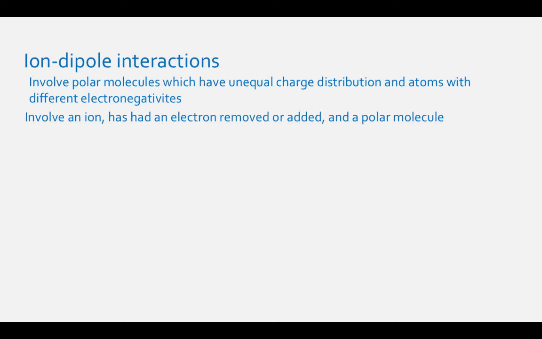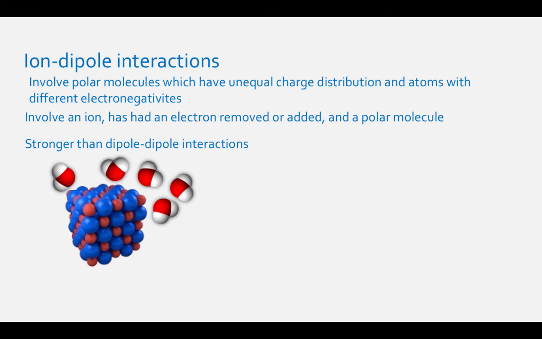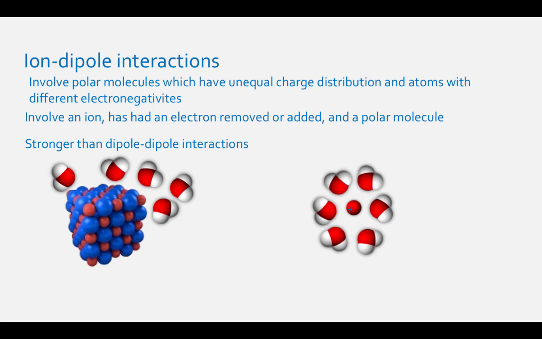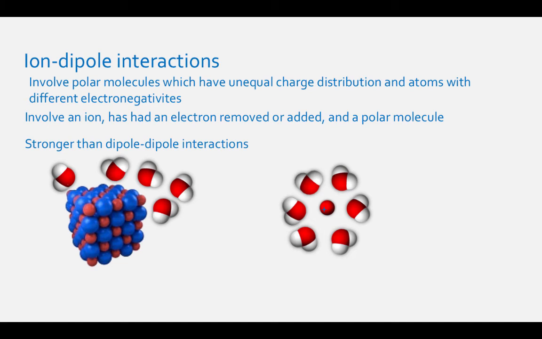These types of forces are stronger than dipole-dipole interactions because they involve an ion. Ion-dipole interactions are how salt dissolves in water. The water molecules pull the ions from the solid into the solution. When an ion is surrounded by a ring of water molecules, it is surrounded by the sphere of hydration.